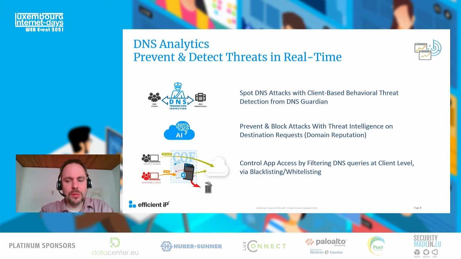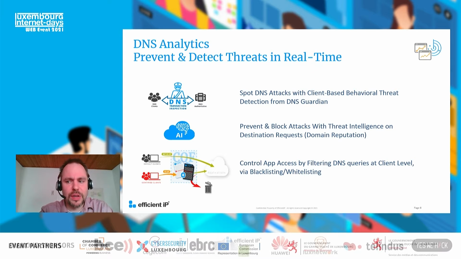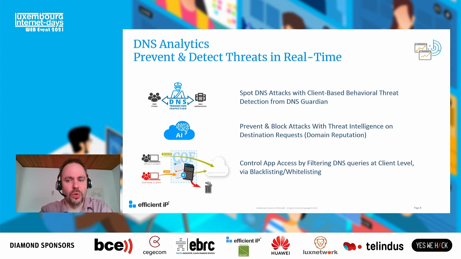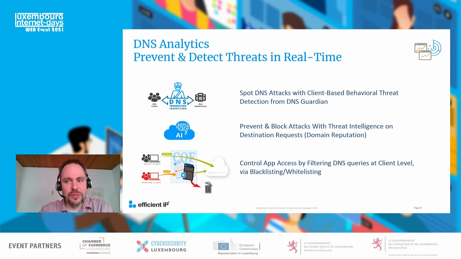So we prevent and we block attacks with threat intelligence based on destination requests. Because most malware, phishing, and ransomware use malicious domain names for the command and control. The EfficientIP solution analyzes the requested domain's reputation and proactively blocks all communication with external malicious servers. We have real-time threat intelligence using reputation data feeds, for instance, of anti-phishing and anti-malware, so we are sure that we offer protection against new attacks.